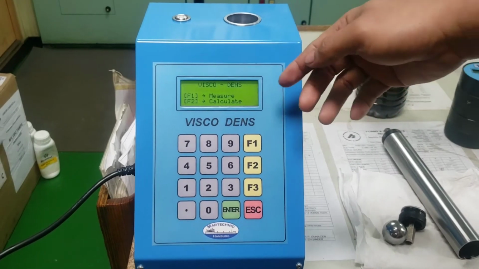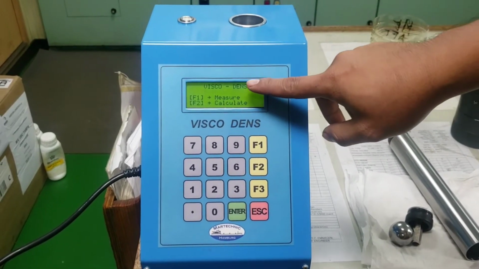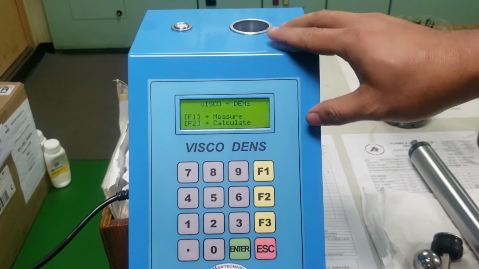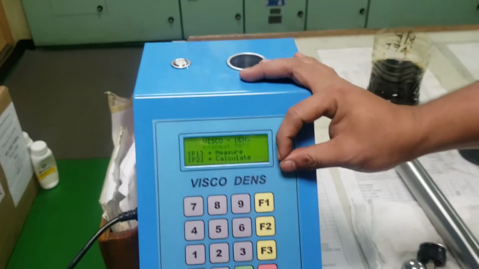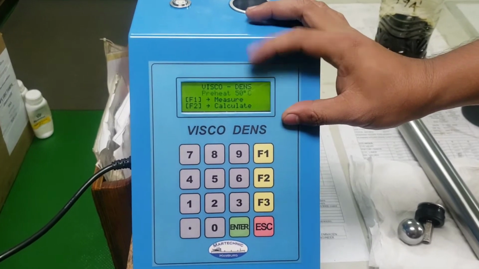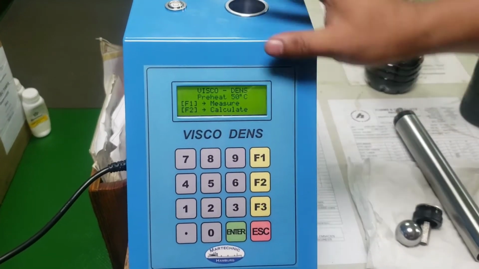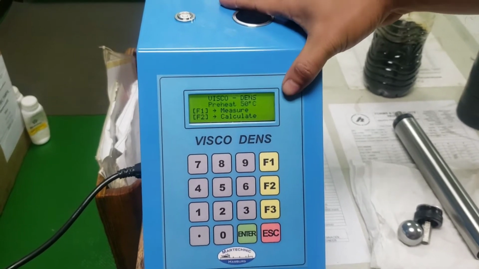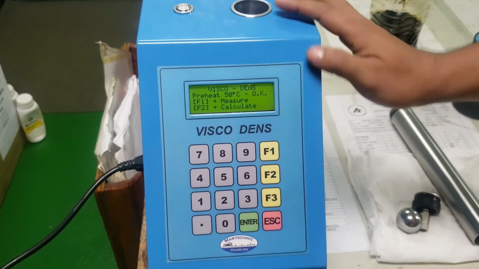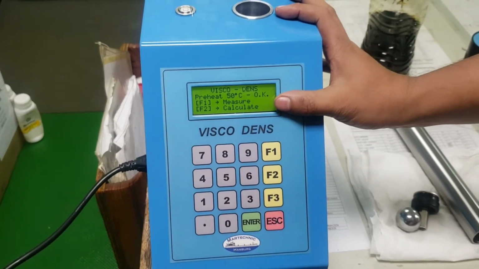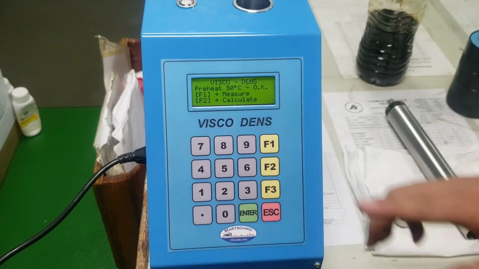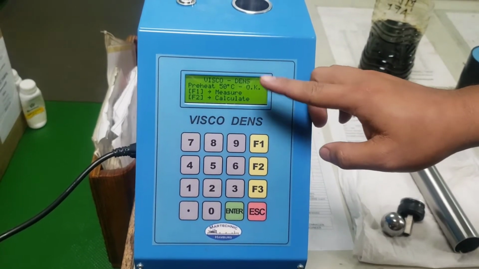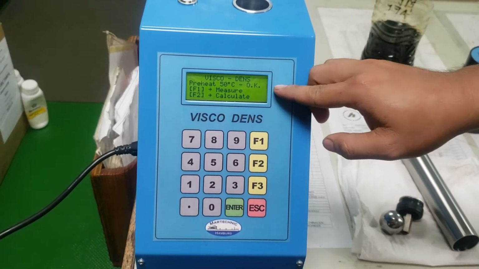We'll see a flashing number, preheat at 50 degrees centigrade. So we'll wait for the flashing to stop to know that our equipment is ready, that it has reached 50 degrees centigrade.